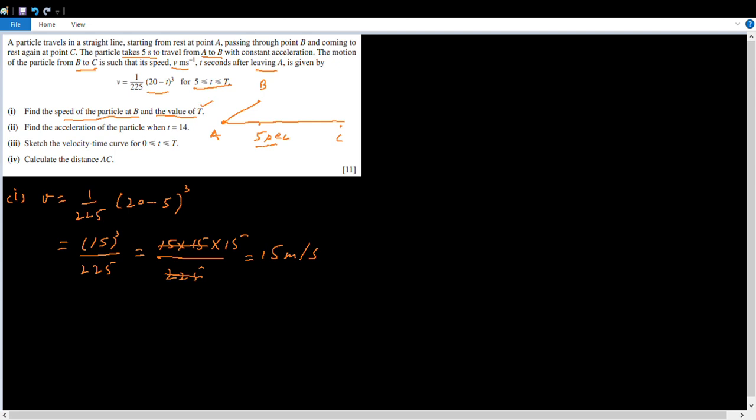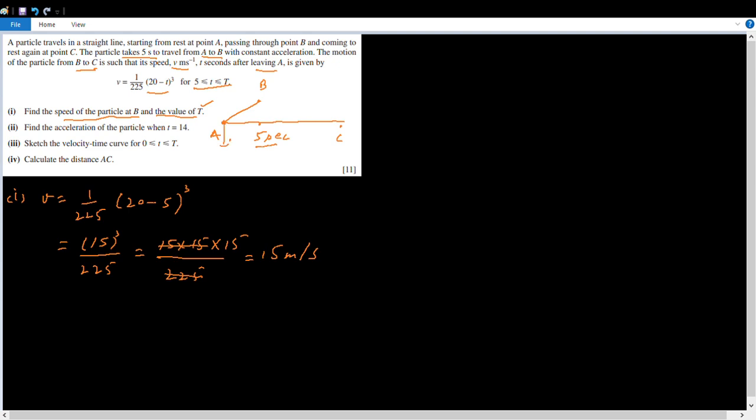So when v is equal to 15 meter per second, and the value of t when t seconds after leaving A. So at A, because the particle is at rest, obviously v will be 0.